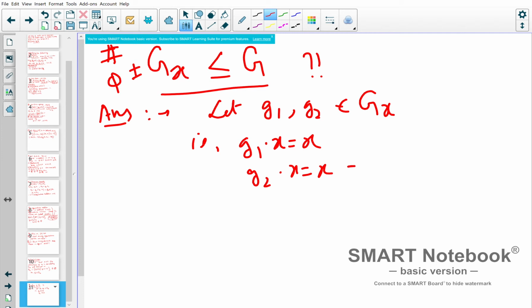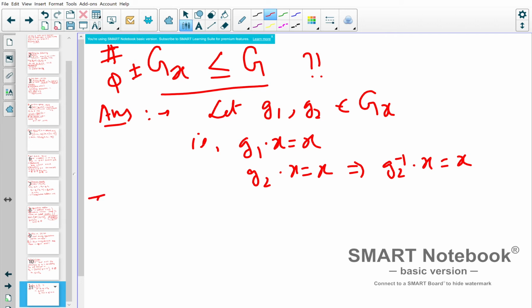The second identity we can multiply by g2 inverse on both sides, and then we have g2 inverse dot x equals x. I am just using property number 1 of the group actions. With the help of this, can we check whether g1 g2 inverse belongs to Gx or not?